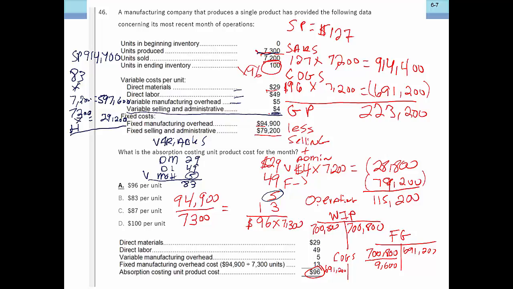Huh. Well, I'm losing the battle here on this one. I don't understand what happened, because the difference should be the items that are in ending inventory under absorption, the amount under absorption that wouldn't be there under variable.